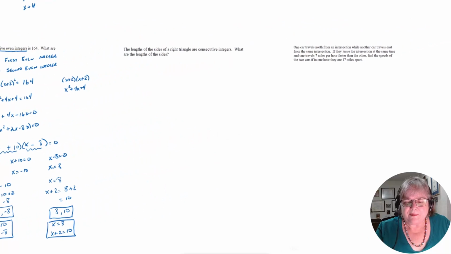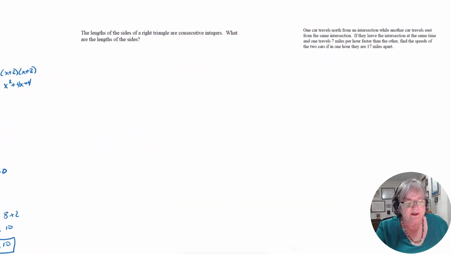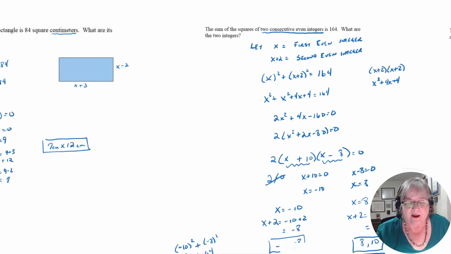Let's do another one. Okay, this says the lengths of the sides of a right triangle are consecutive integers. What are the lengths of the sides? So you go, okay, this is a triangle problem. And it has three sides, and it doesn't say anything about them, like this one over here gave us dimensions.